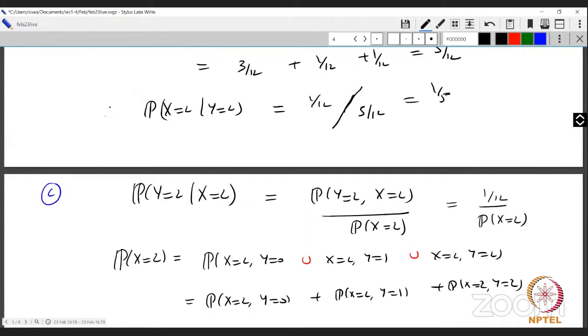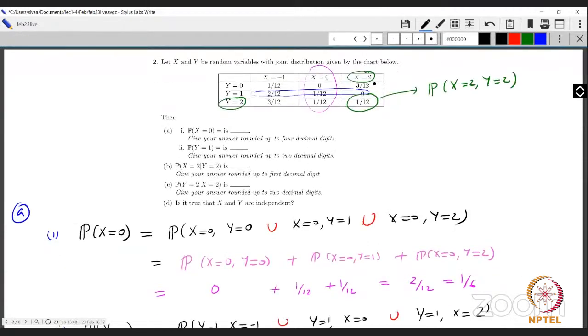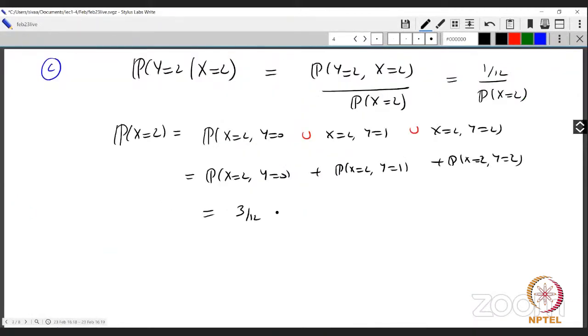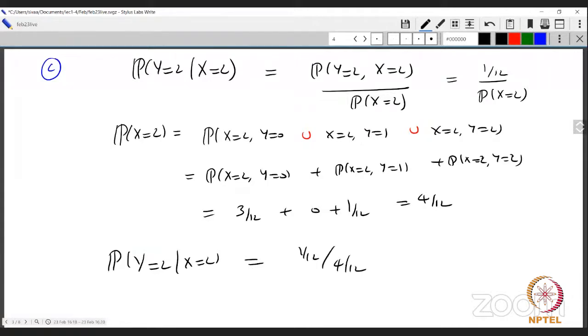The table tells you that you have to just add the last column. So 3 over 12, 0, 1 over 12. That means you get 3 over 12 plus 0 plus 1 over 12. So that's 4 over 12. So therefore, the probability that y equal to 2, given x equal to 2, is 1 over 12 divided by 4 over 12, and that's just a quarter.